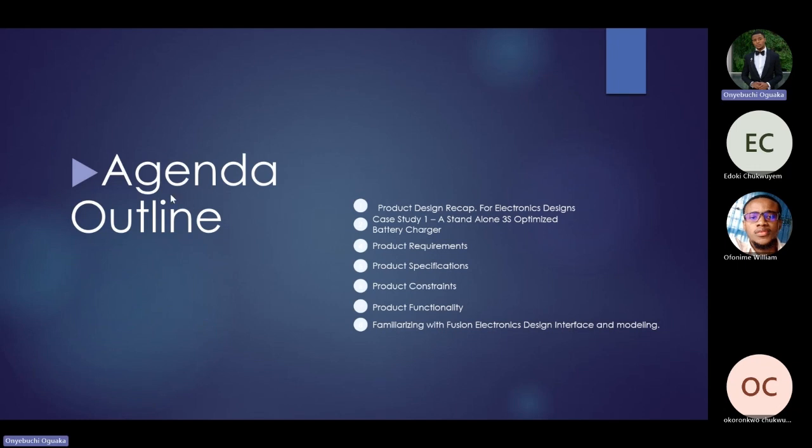So we'll be going through the agenda now. The first thing will be to recap on product design, but now with respect to PCB designs. The next would be to put the flashlight on our case study, which is going to be a standalone 3S optimized battery charger. Then we are going to talk about product requirements, specifications, constraints, and functionality with respect to product design, using our case study.